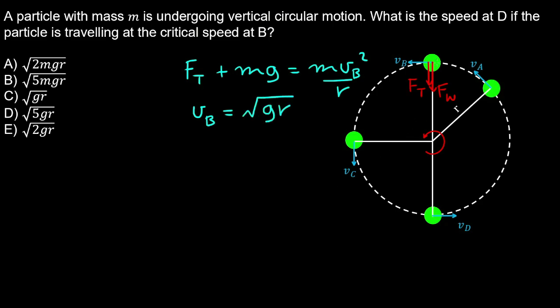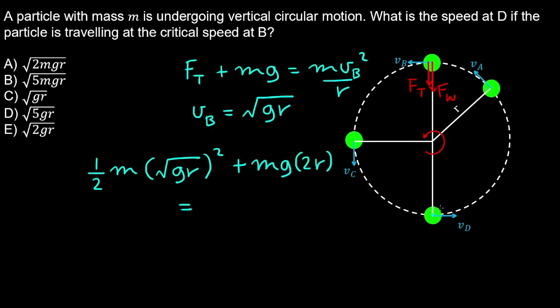And now if we do a conservation of energy between points B and D, we have 1/2 by the mass of the particle by the critical speed squared, plus the potential energy. So taking D as our reference point, we have mg by 2r.